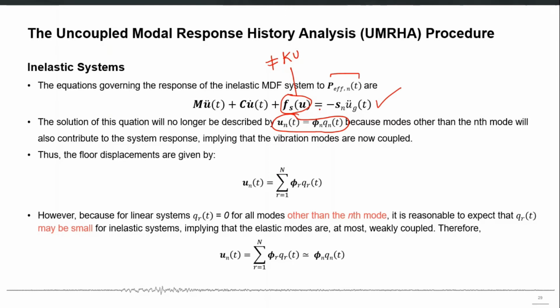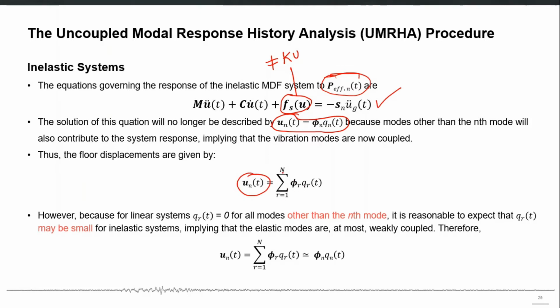Strictly speaking, we cannot say that, just like we say in the modal RHA or classical modal analysis. So now un(t) will actually be the sum of phi r into qr, where r can be 1 to N.